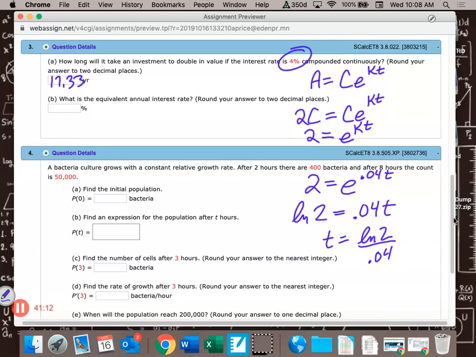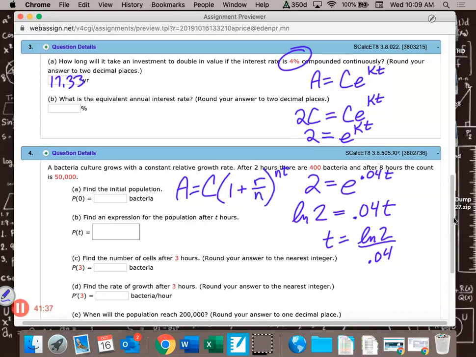When we are compounding continuously, we follow the CE to the KT model. When you're compounding n times per year, and you don't have to know this, it's your starting amount times 1 plus your interest rate divided by n, raised to the nt power. Does that ring a bell?